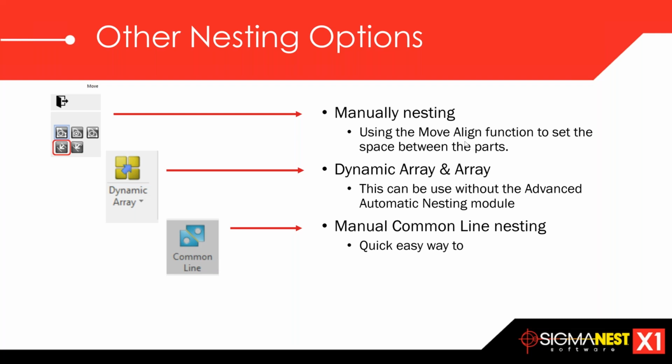There's also the manual common cutting option within the Advanced NC tab, and all that does is take a part and start nesting it based off of the common cutting kerf setting that is already preset. So now you have the ability to do it automatically and also manually.